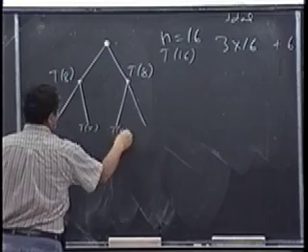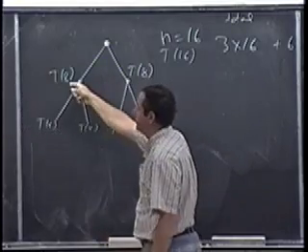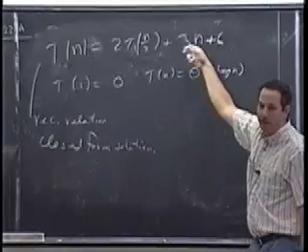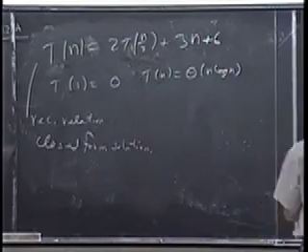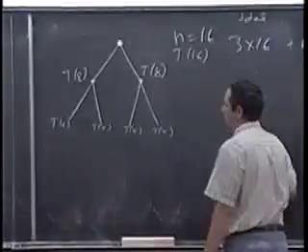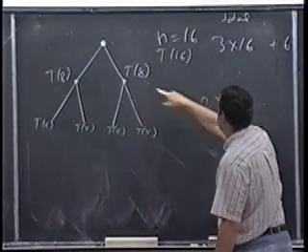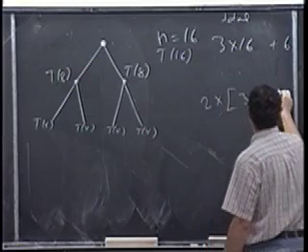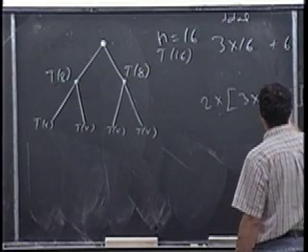We need to know what T of 4 is. But each T of 8 also leaves to the side 3 times n plus 6. So what's left over here is, well, we get 2 of those things, which are 3 times 8, plus 6.